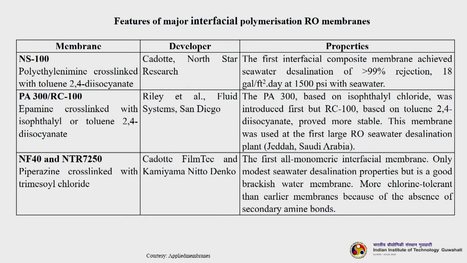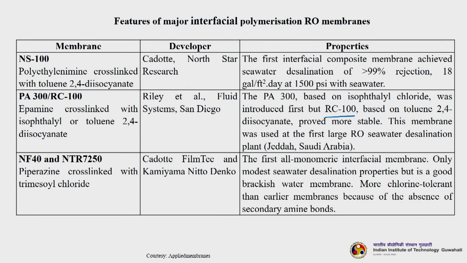The stability is better for the RC 100 membrane compared to the PA 300 membrane. This membrane was used as the first stage RO seawater desalination plant that I have told you about in one of the slides. It was used in Jeddah in Saudi Arabia.